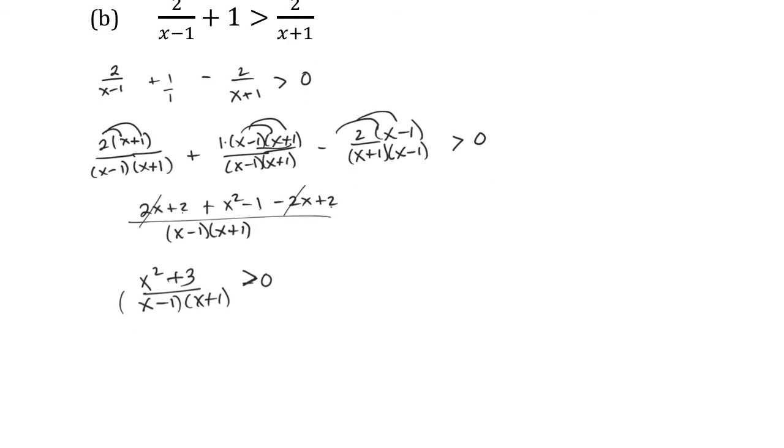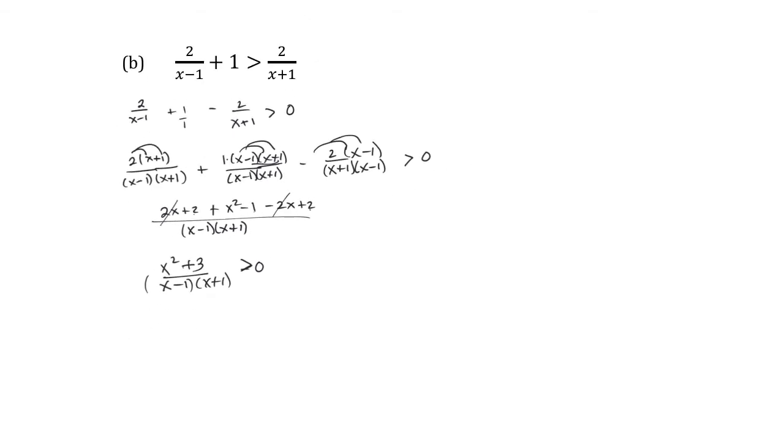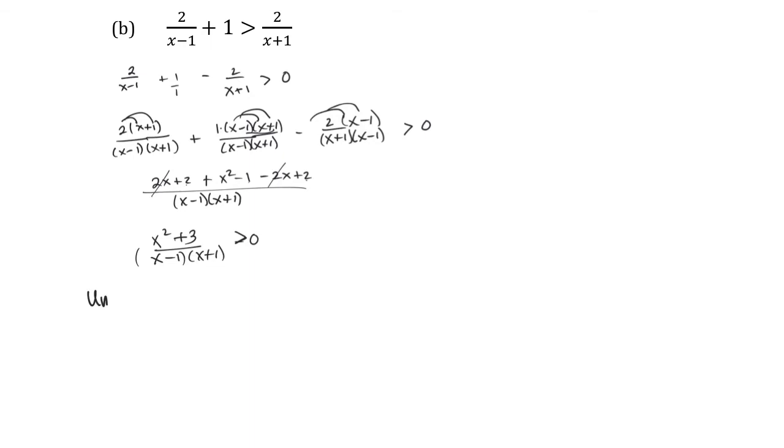Fractions can be equal to 0, or they can be undefined. It's undefined at x equals 1 and negative 1 from the denominator. But is it ever equal to 0? It's not, because x squared plus 3 is just going to be some positive number. It can't ever be 0. So my critical values are just at 1 and negative 1.